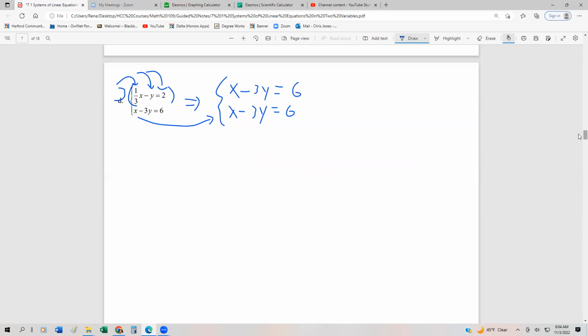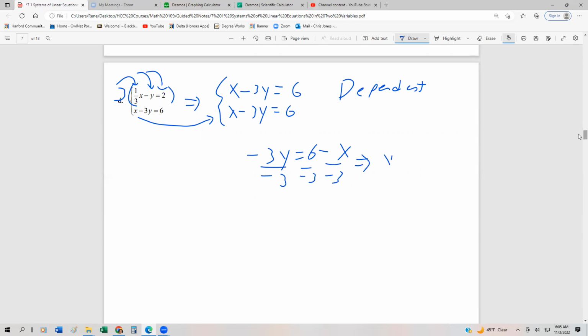And I want you to notice that we have the exact same equations. We don't even have to do anything at this point because we know that they're the same equations and that they are dependent. And so for the solution, it doesn't matter which one I solve because they're both the same. I'm going to solve for y. So I'm going to subtract x, so we get negative 3y equals 6 minus x. And then I'm going to divide by negative 3.